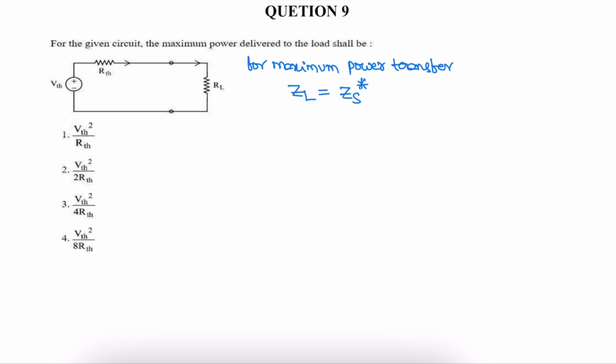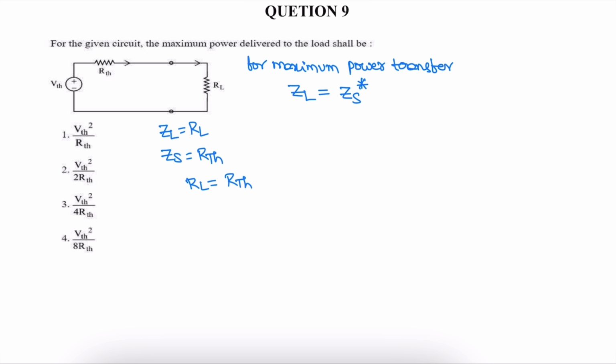As per the circuit, ZL is RL and ZS is RTH. For maximum power transfer to the load, RL must be equal to RTH.